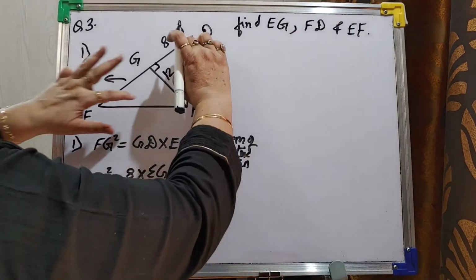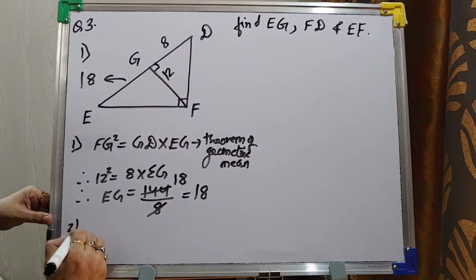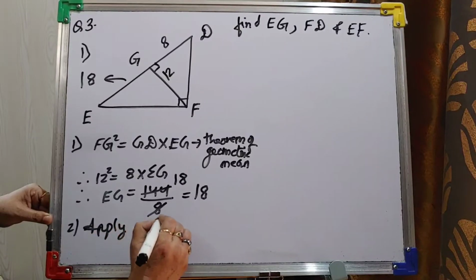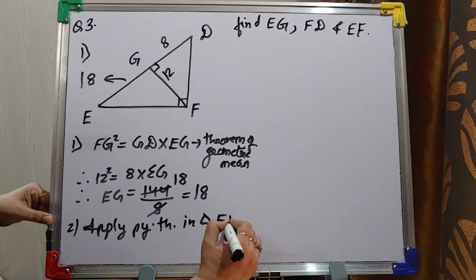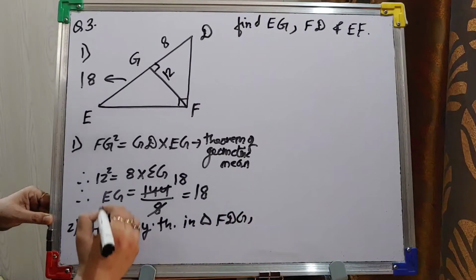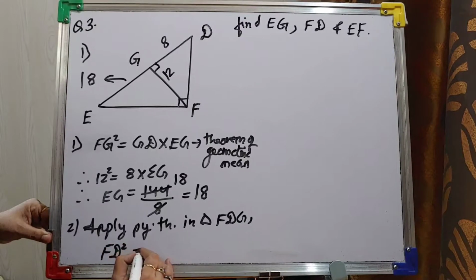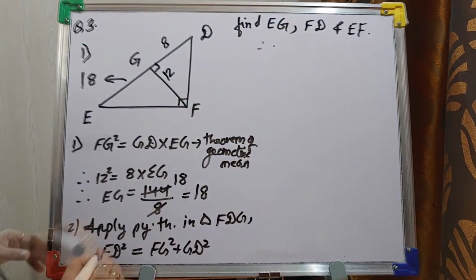Now you can apply Pythagoras theorem here so as to get this FD. So in second step, apply Pythagoras theorem in triangle FDG. Opposite to 90 is FD. So your FD square will be FG square plus GD square. Substitute the value.